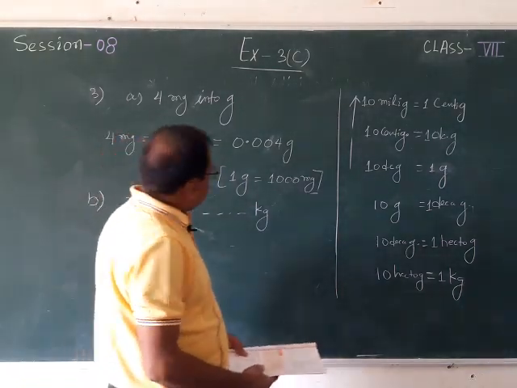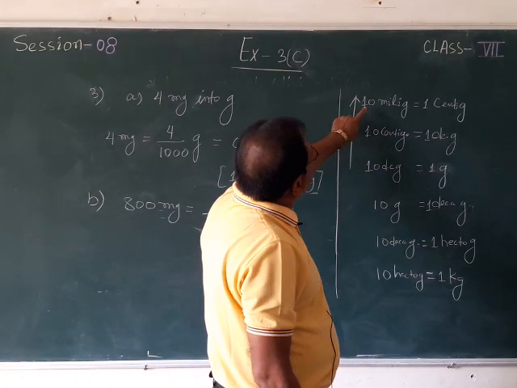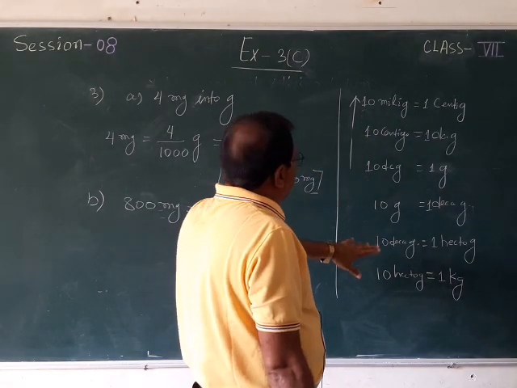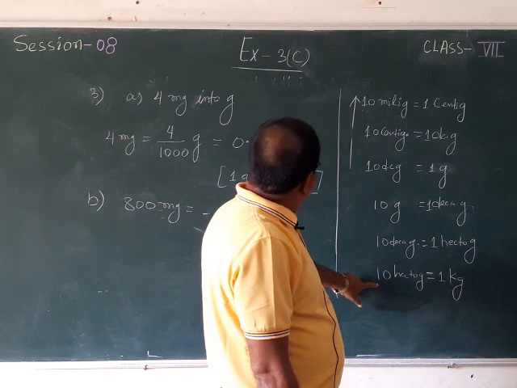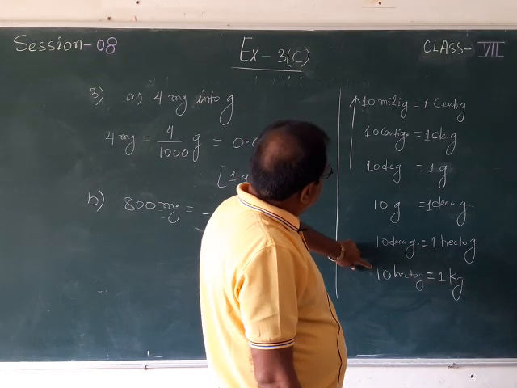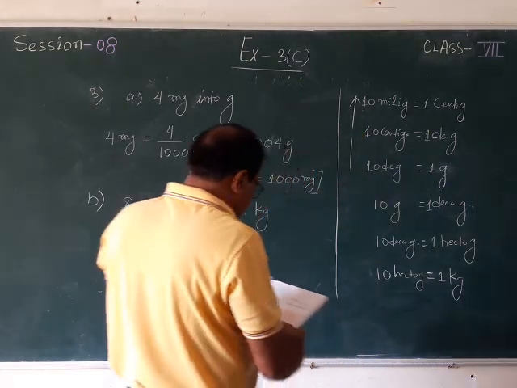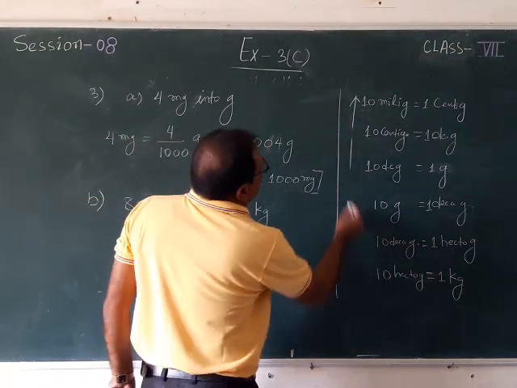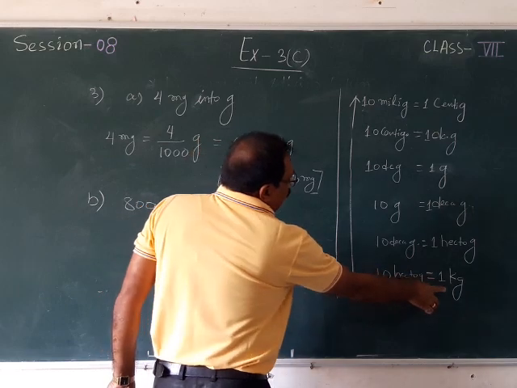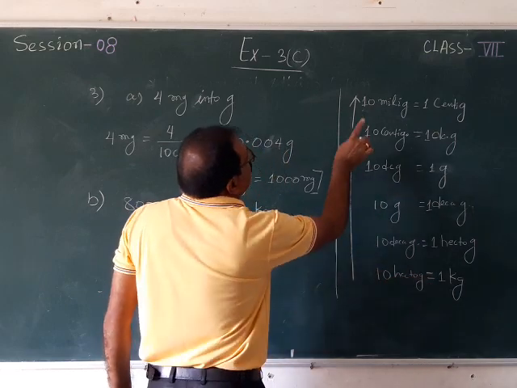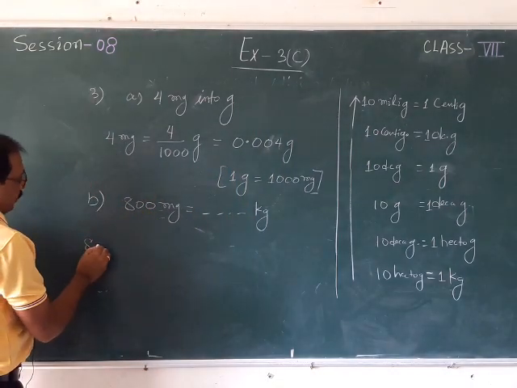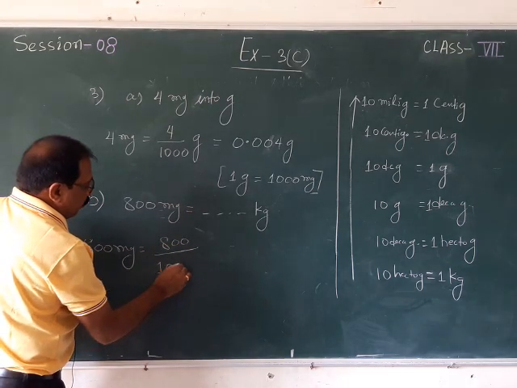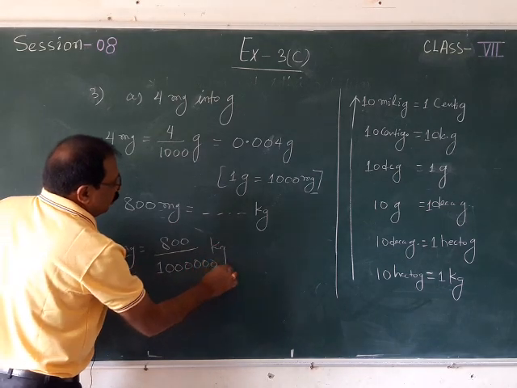Now I am searching: milligram is here, and kilogram is here. Going from kilogram to milligram, it is 1, 2, 3, 4, 5, 6, so this will be 1/10^6. So 800 milligram will be equal to 800 by 1,000,000 kilogram.